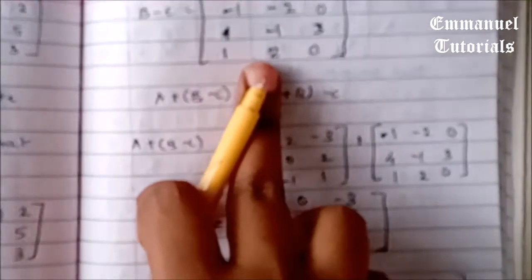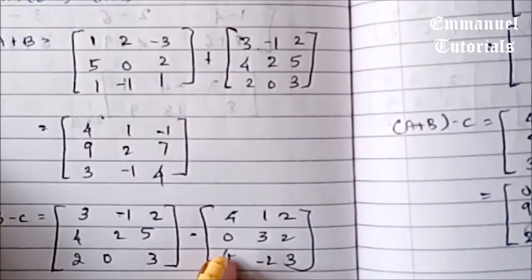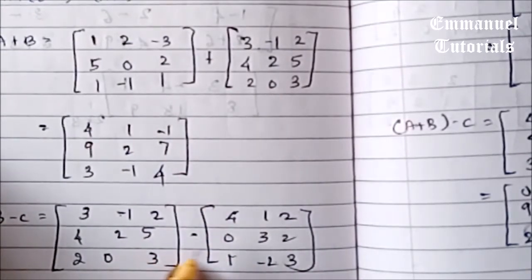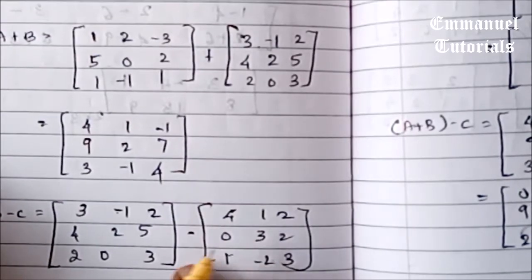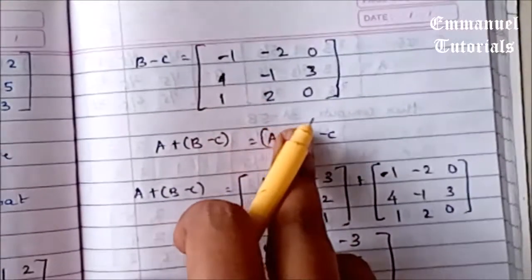So that is what we see here. And 2 minus 1 is 1, 2 minus 1 is 1, 0 minus minus 2 is plus 2, and 3 minus 3 is 0. So that is also written 1, 2, 0.